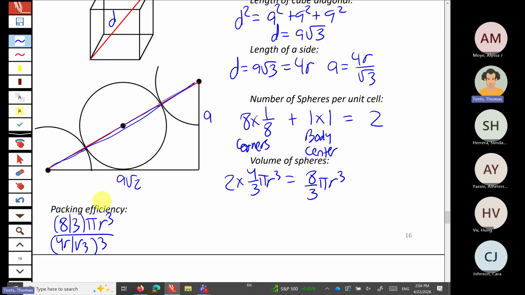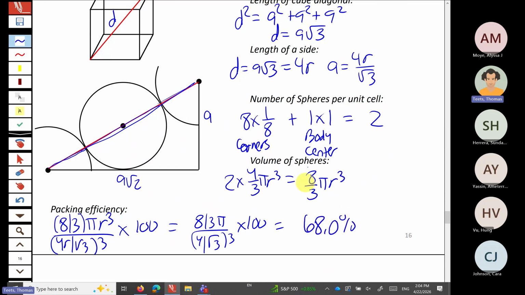So they're both in terms of radius now, so the radiuses cancel out. And what we end up with is 8/3 pi over 4 square root of 3 cubed times 100. I'm not going to try to simplify that any further, but just write it as a number, which is 68.0%.